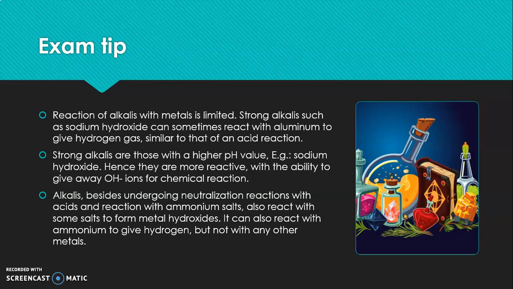Hence, they are more reactive, with the ability to give away OH- ions for a chemical reaction. Third tip, alkalis, besides undergoing neutralization reactions with acids and reactions with ammonium salts, also react with salts to form metal hydroxides. They can also react with aluminium to give hydrogen, but not with any other metal. That's a very good point, and these three are superb.